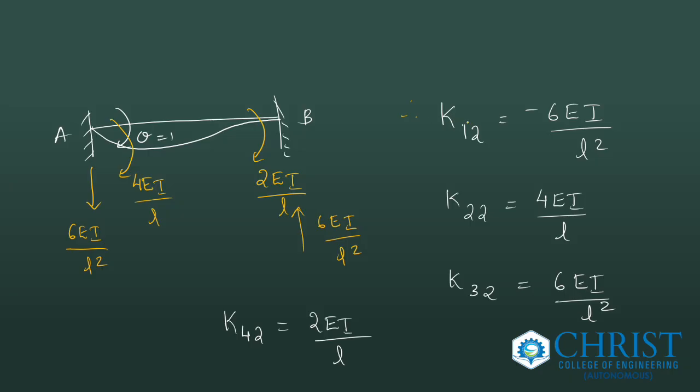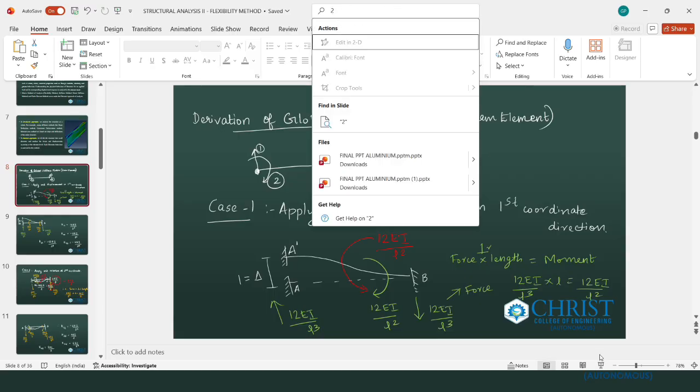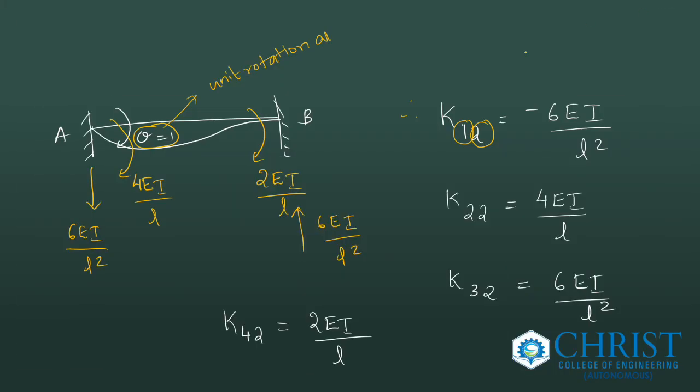K12 means what? At the first position due to unit displacement or unit rotation at second system coordinate. Second system coordinate is a rotation coordinate. So I applied a unit rotation at the 2 and calculated K12, K22, K32 and K42.